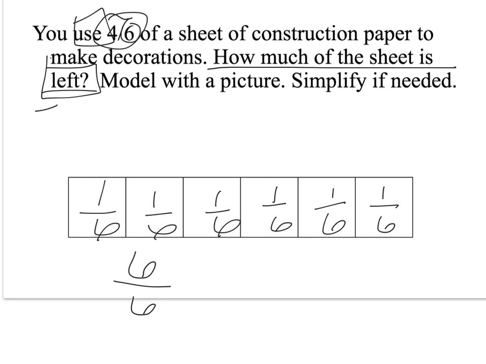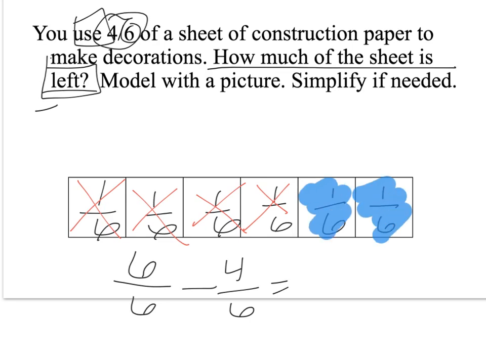I then am going to use 4/6. So I'm going to cut up 1/6, 2/6, 3/6, 4/6. So I'm going to minus 4/6. Then I know that I have 1/6 left, 2/6 left. I have 2/6 left based off of my picture.